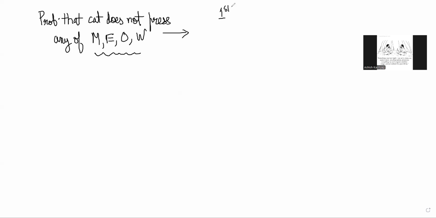For the first key, then for the second key, third, and fourth. Each of them is an independent event, right? Or there are 4 events happening in succession. For the first key, if you don't press these 4, you have how many choices? You have 22 by 26, right? This is 22 by 26.